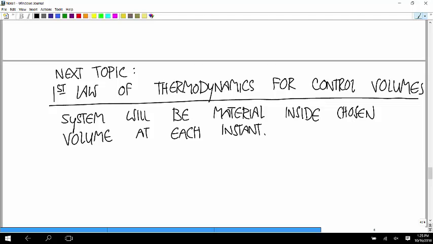And so what that means is that at different instants, your system is different collections of particles, different collections of this material. And so what we're going to have to do is account for the fact that when we're looking at one instant, there's material coming in that's carrying energy and enthalpy, and it's carrying that stuff into the system. And at the outlet, that stuff is being carried out of the system.